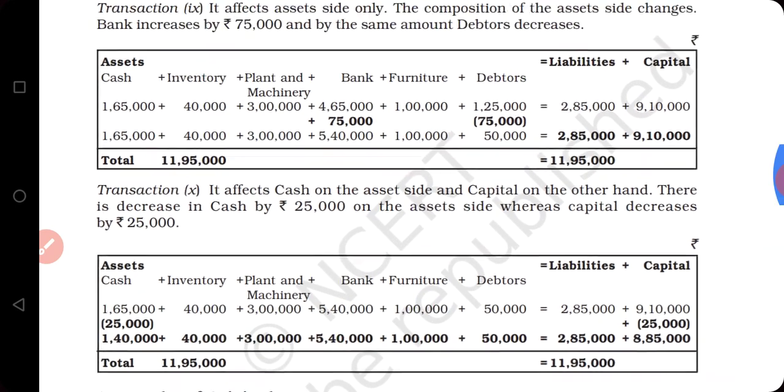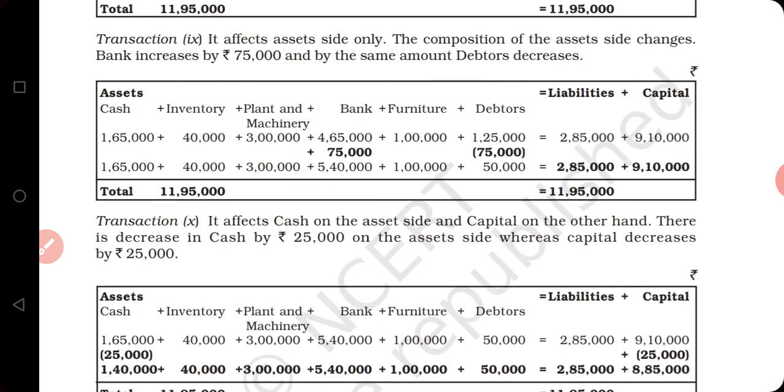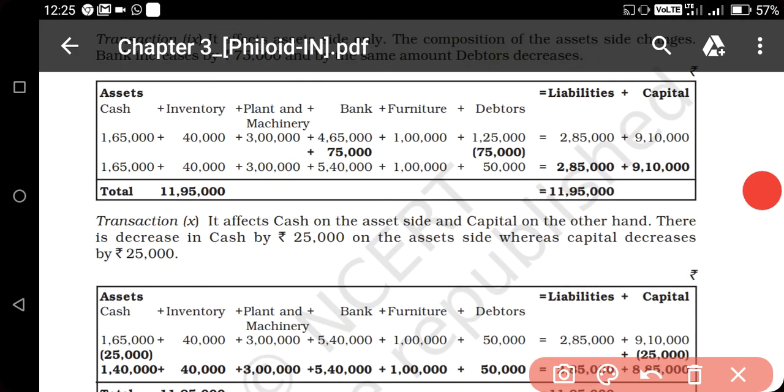Earlier we sold goods to a customer on credit for rupees 1,25,000. Now we are receiving a check of rupees 75,000. So 75,000 we will reduce from the debtors, and our bank balance will be improved by 75,000.